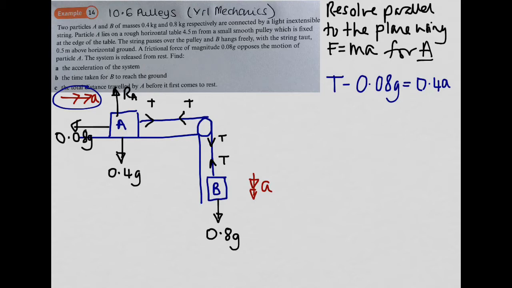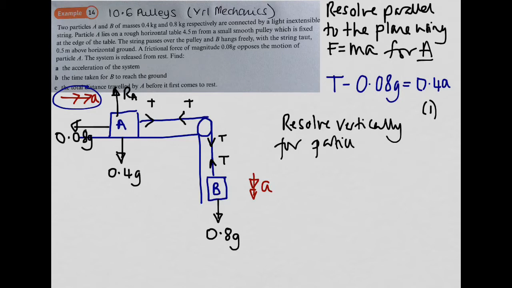Now I'm going to do the same, but I'm going to look at particle B. For particle B, the motion, if you think about it, is vertical. So here I'm going to resolve vertically for particle B using F equals ma.